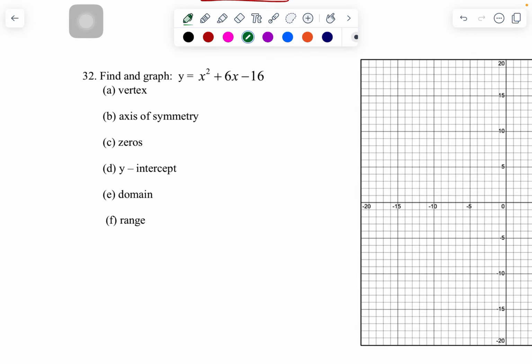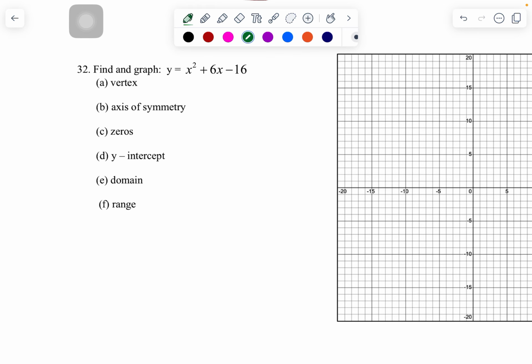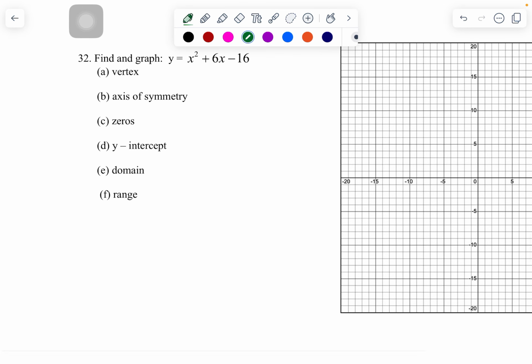It says to graph and find all the information. So axis of symmetry. X is equal to the opposite of b over 2a. So that's going to be the opposite of 6 over 2 times 1. So -3. So x equals -3 is the axis of symmetry, which means your vertex is going to have a -3 for the x value. Let's figure out what y is equal to.